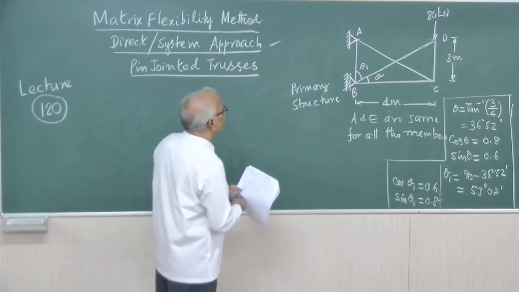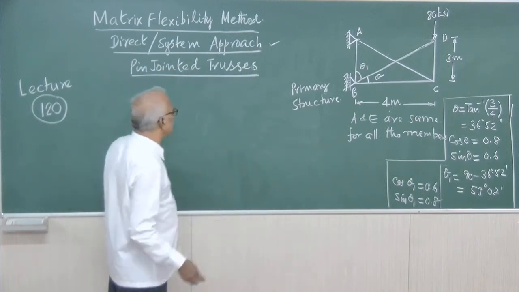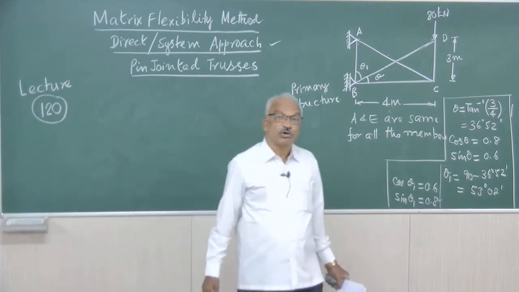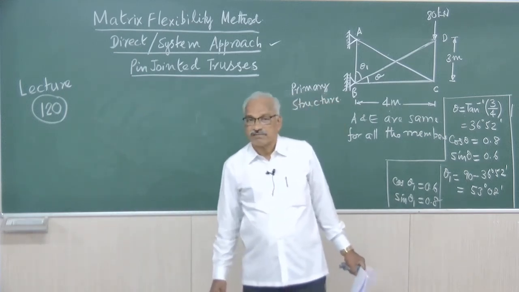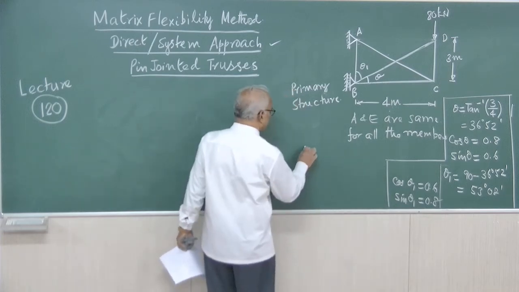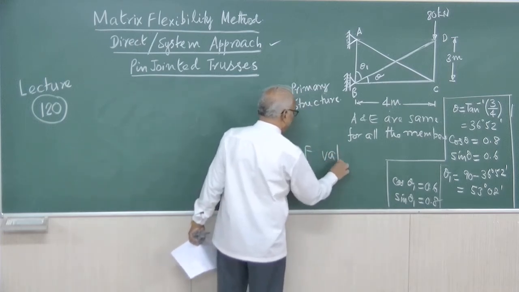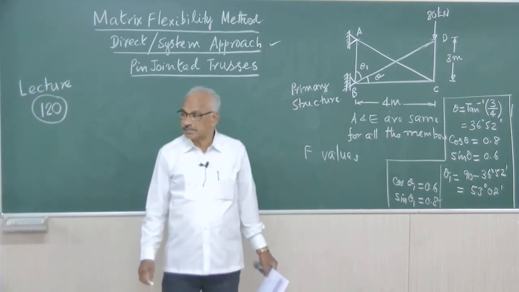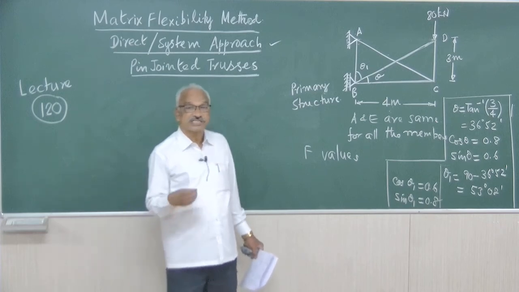We have to start from one joint. For analyzing, we know that due to the external force, when the primary structure is analyzed, we will get the F values. For getting the F values, we have to follow the method of joints. Where do we start?